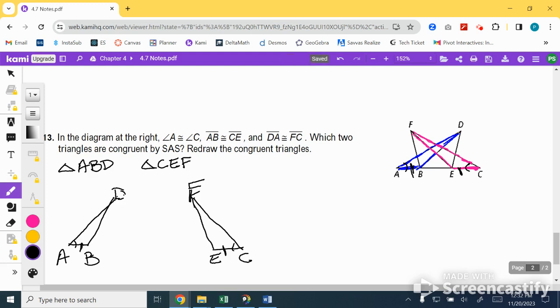And then we are told DA, which is this one here, and FC, which is that one there. So I look at my redrawn pictures, and I can very easily see that I have side angle side, side angle side. So those are our triangles by side angle side.